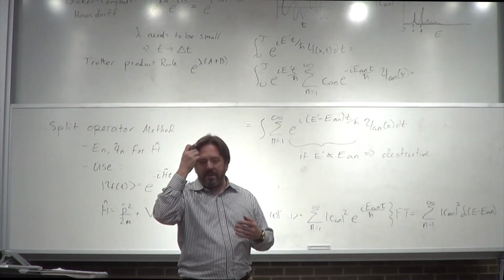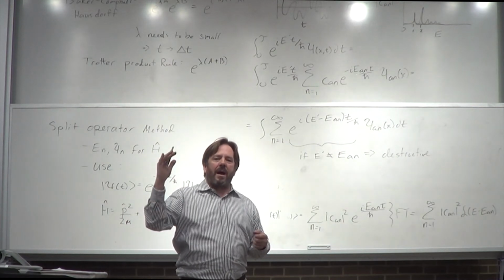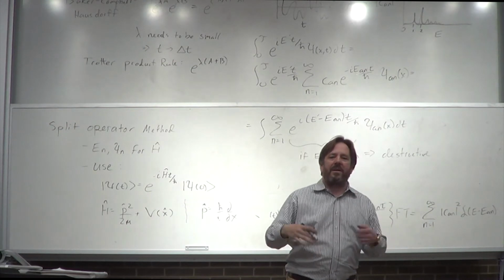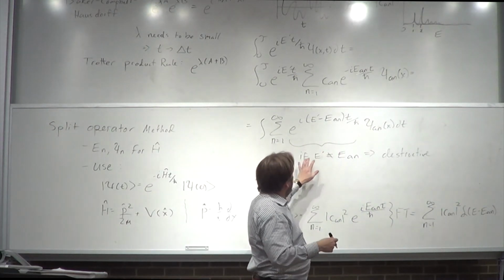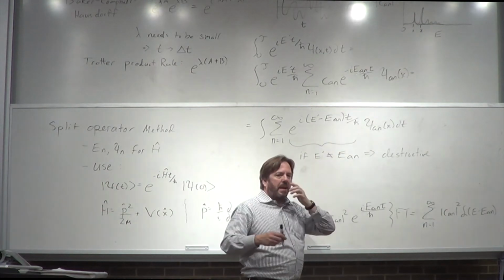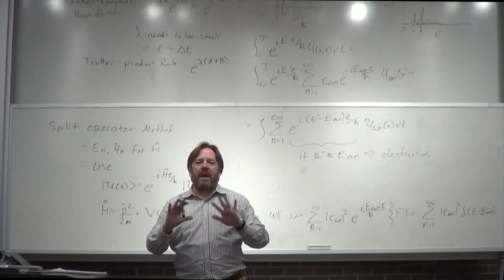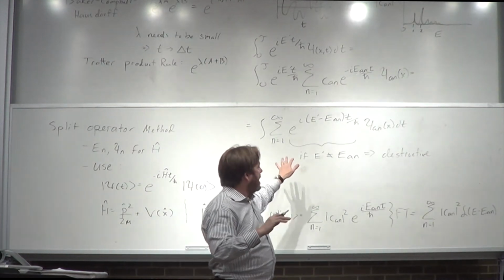As you integrate, think about how you integrate cosine. The integral is up, then down, then up, then down. It's just oscillating about 0. So if the number you plug in for energy is not equal to a particular energy of a state, this thing oscillates about 0.